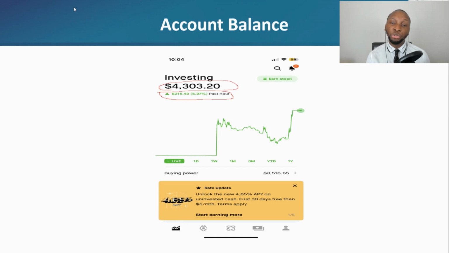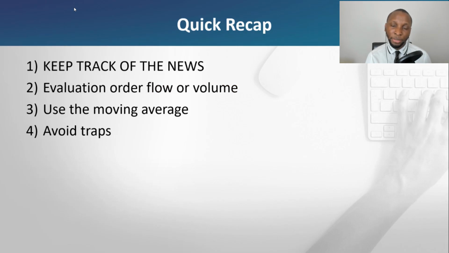As you guys can see, the screenshot has been taken on Friday, and only on Friday, as you can see live, the value of my portfolio has increased by $215, and there's about two trades I've done that day. That's about the result of those two trades. Maybe I've done a couple of trades, but that's about the two trades I've done that day.